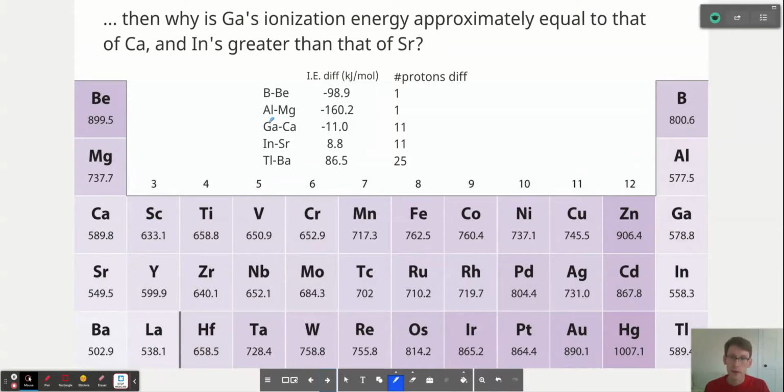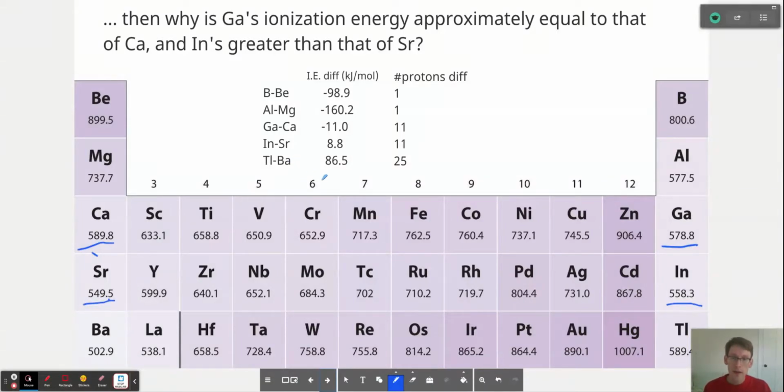Notice, the difference between beryllium and boron is 99, almost 100 kilojoules per mole. For aluminum and magnesium, it's 160. But by the time you get down to gallium versus calcium, the difference here of 578.8 versus 589.8 is only 11 kilojoules per mole. And actually, when we go to indium versus strontium, you find that indium actually has a higher ionization energy than strontium.